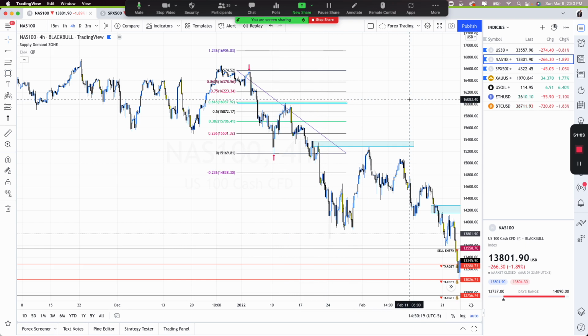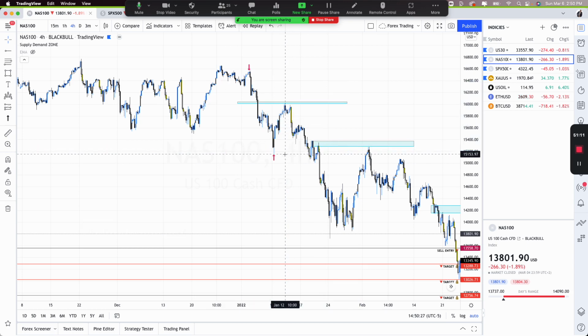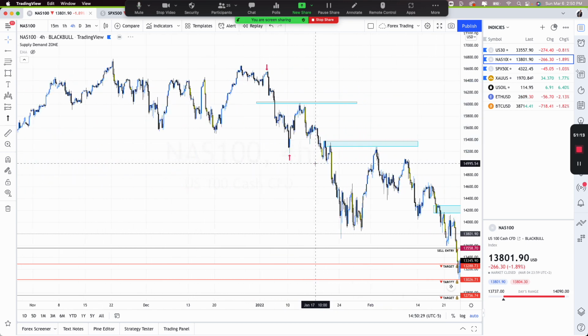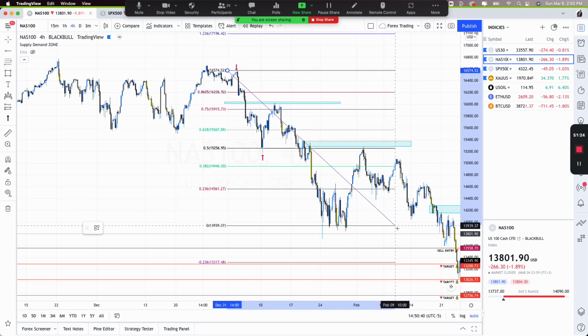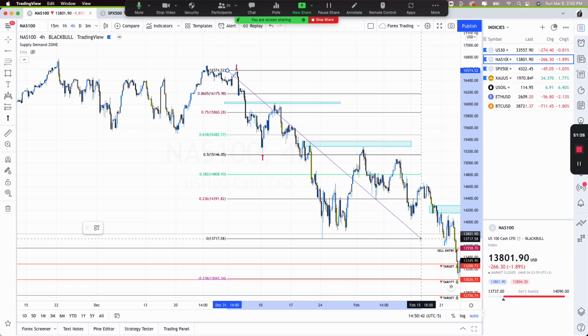Your levels are your levels. But the reason I took the bigger swing is because I wanted to get the full move where the market came back. But as you see, it made the same percentage move. That's the good thing about mathematics.